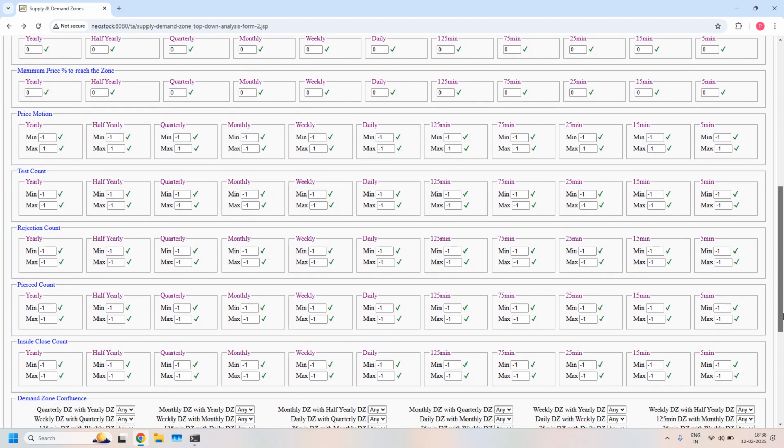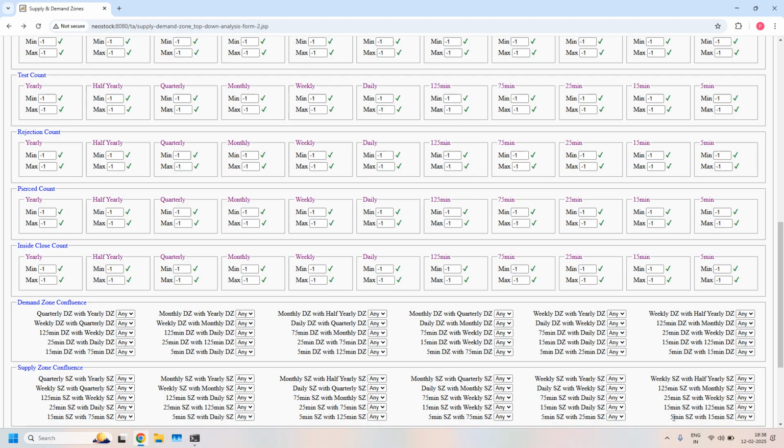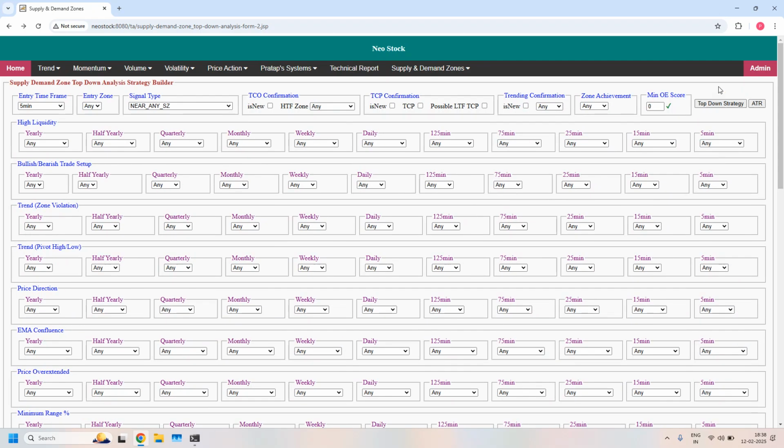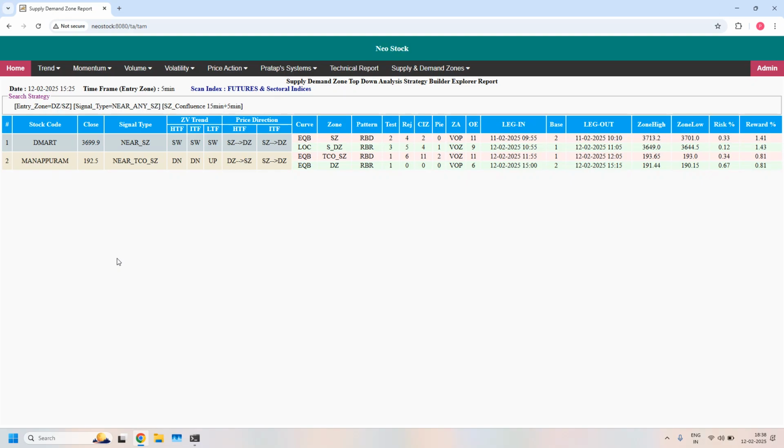So in the supply zone confluence, I am enabling the filter 5 minute supply zone with 15 minute supply zone confluence. With this filter, the list has come down to 2 stocks. Again, in these 2, second one is again a pierced zone, only first one is valid. So this is about stocks near demand and supply zones for different time frames.